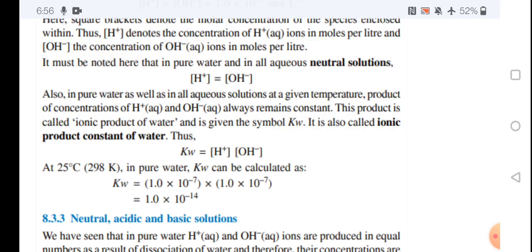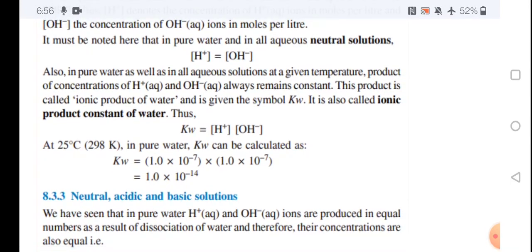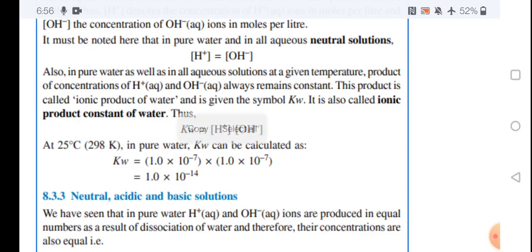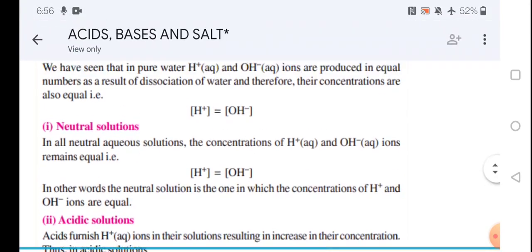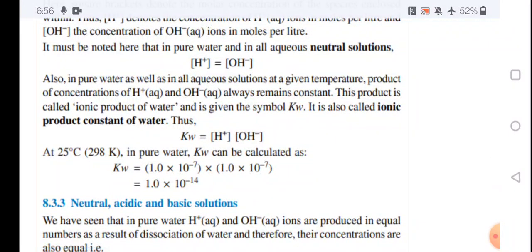This product is called the ionic product of water. At a given temperature, the product of the concentration of H plus ions and the concentration of OH negative ions is constant, and it is denoted by the symbol Kw. This is also called the ionic product constant of water, that is Kw is equal to the product of the concentration of H plus ions and OH negative ions.